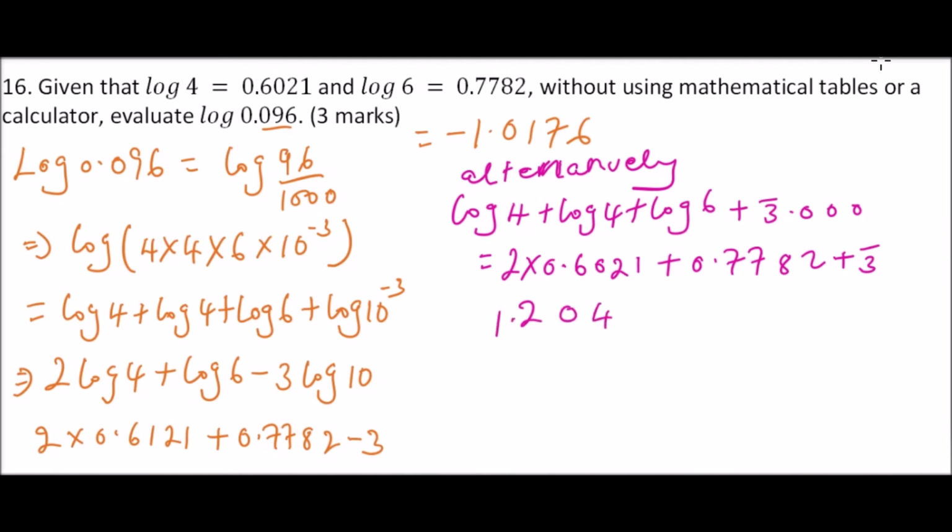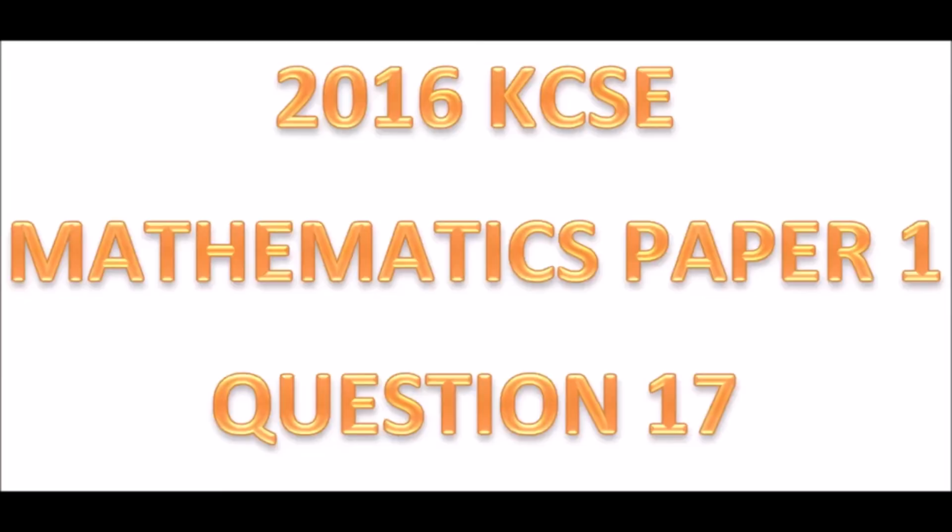When you add this, you get bar 3.7782, and that should give you bar 2.9824. So both methods are correct, and you should be able to get the marks for the 2 answers.